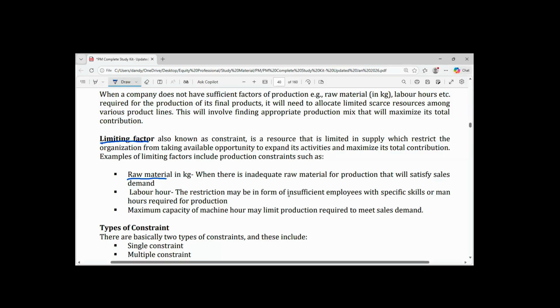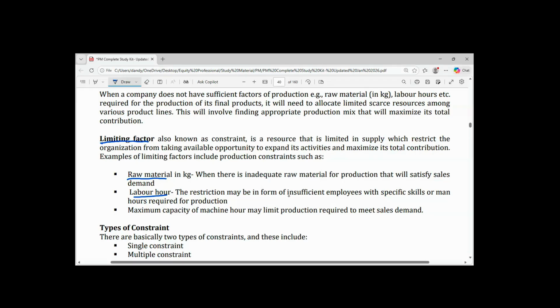constraint. Also, labor hours can be a constraint because they can restrict or limit the ability of a company to produce the required quantity of that particular product.